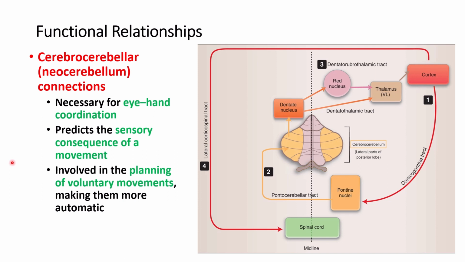Also, it is important for the planning of voluntary movement. This makes those movements more reflexive, so you don't have to think about them, and also fine-tunes those movements, improving the skills that you do in specific activities.